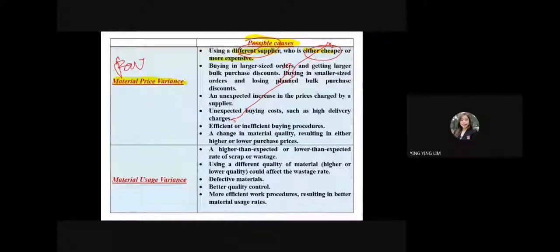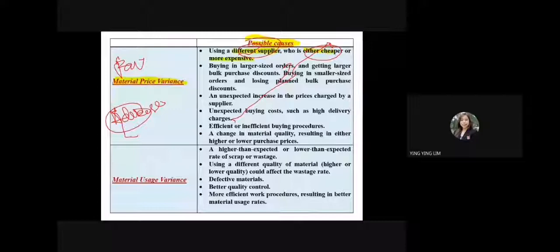So for example, if my material price answer is adverse, and they ask you to suggest the possible causes, it depends on the question whether they give you any scenario or not. You have to relate it back to the scenario of the question. Let's say I can talk about the company facing higher competition.